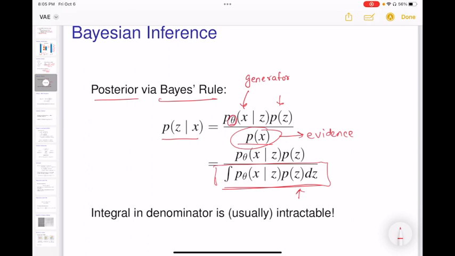So it's very hard to directly estimate p of x. And it's reasonable that it would be intractable. And you can see the intractability in this integral form as well. When it's written as an integral with respect to dz, you'll see that this is an intractable integral, right?